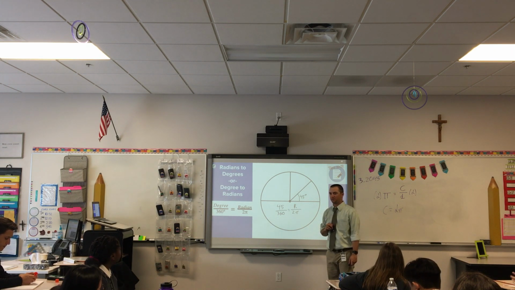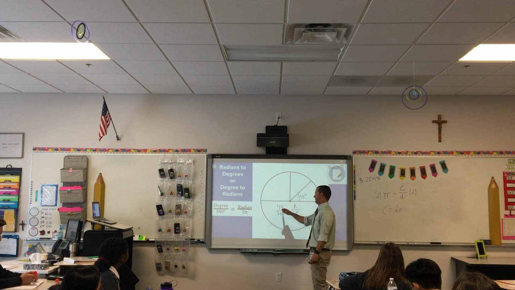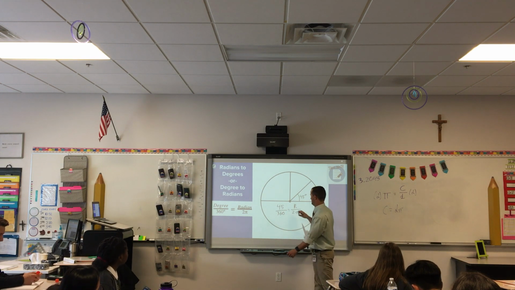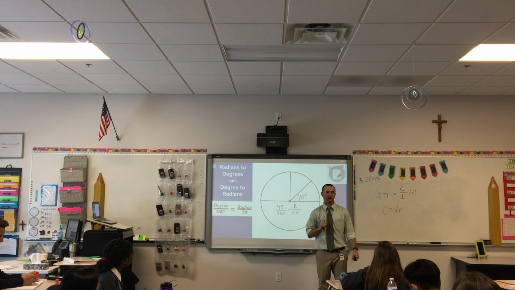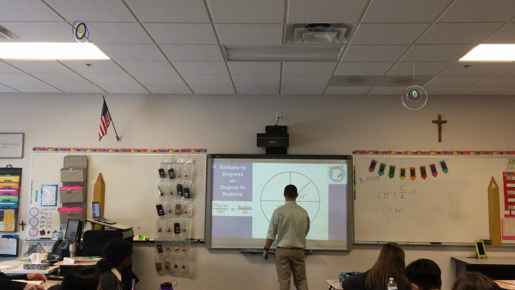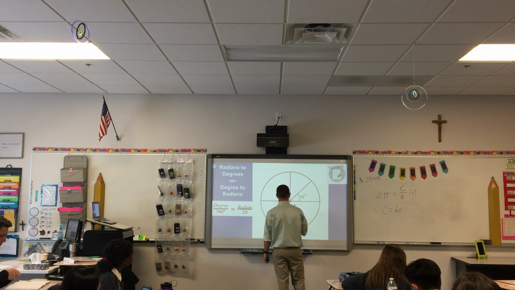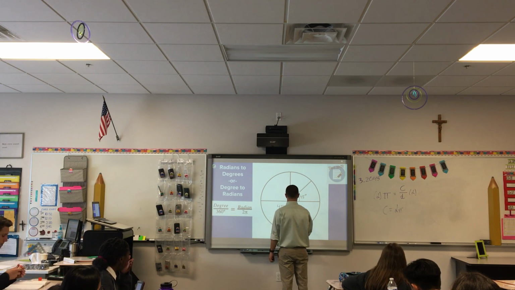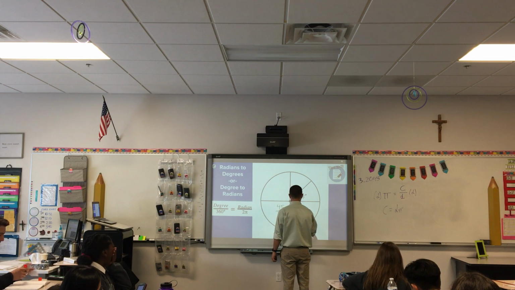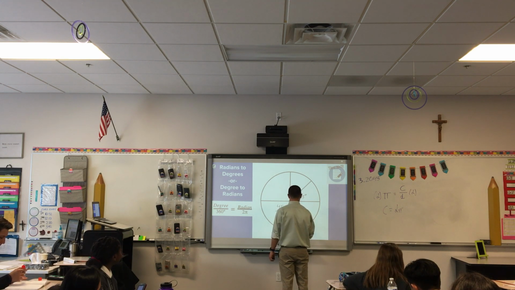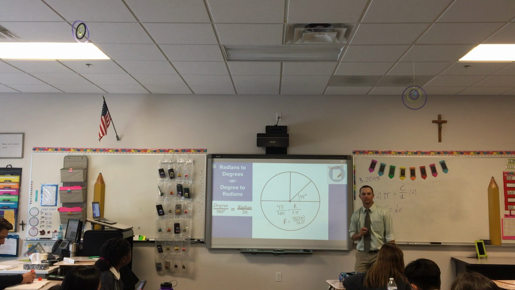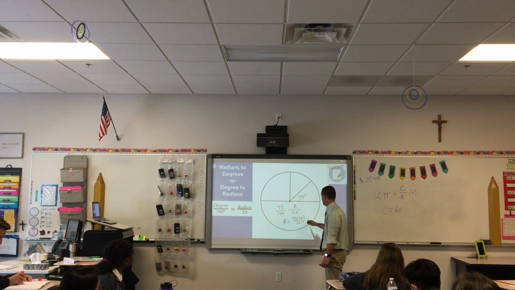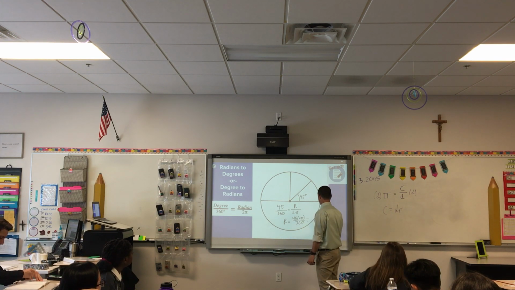With me? So, 45 divided by 360, and we're going to multiply 2 pi to the other side to get our radians. So R equals 45 times 2 pi divided by 360, which would be equal to 2 times 45 is 90, so it'd be 90 pi over 360.